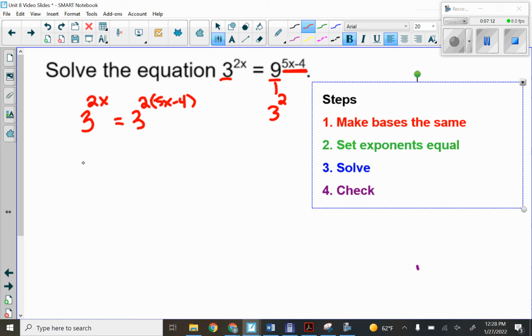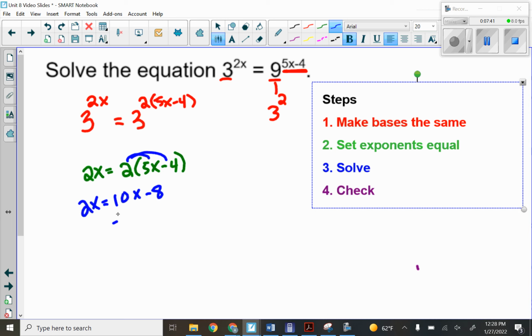So now we can set our exponents equal. 2x equals 2 times 5x minus 4. And then we can solve. 2x equals 10x minus 8.